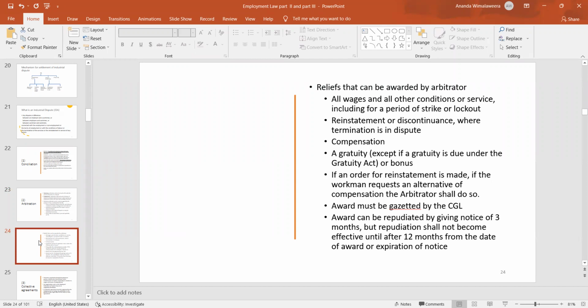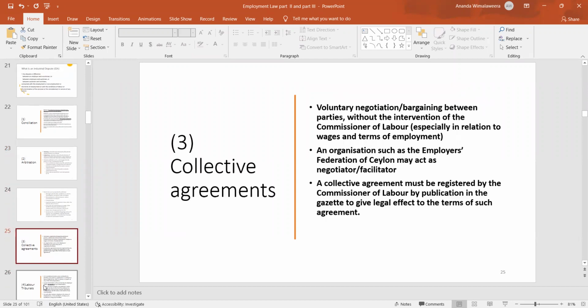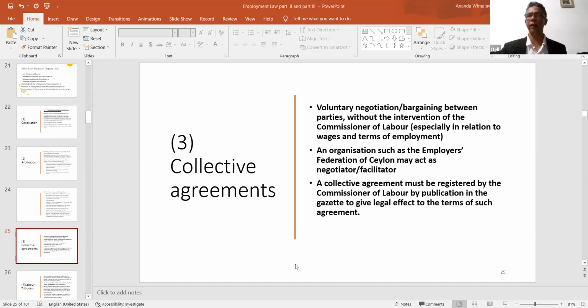Within bracket, workers must report to work, and the employer or the management must allow workers to work and shall not harass them, until the decision comes.